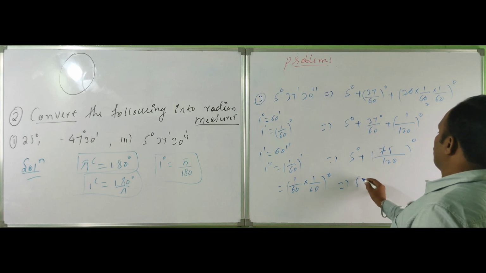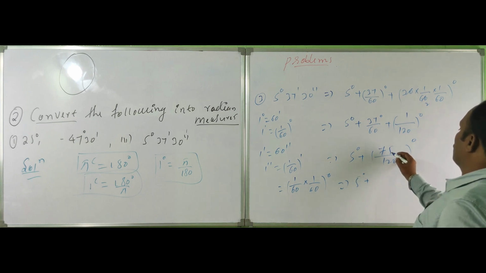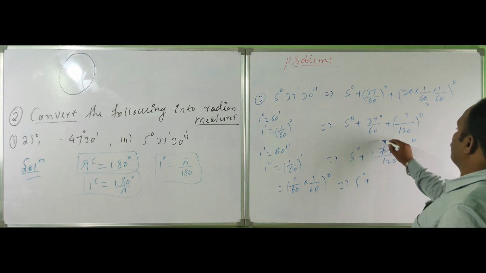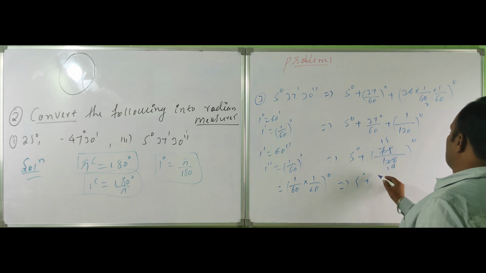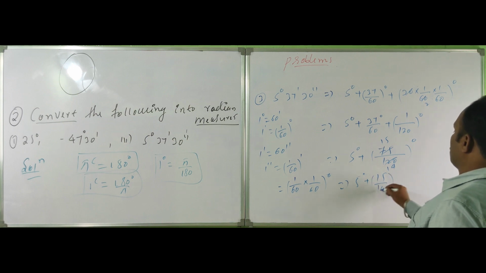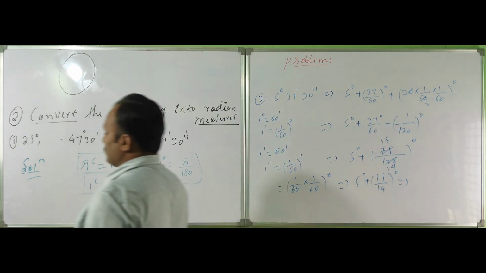This becomes 5 degree plus 75/120, which simplifies.